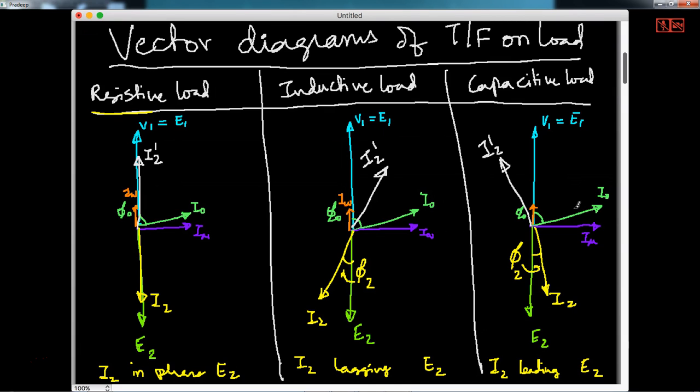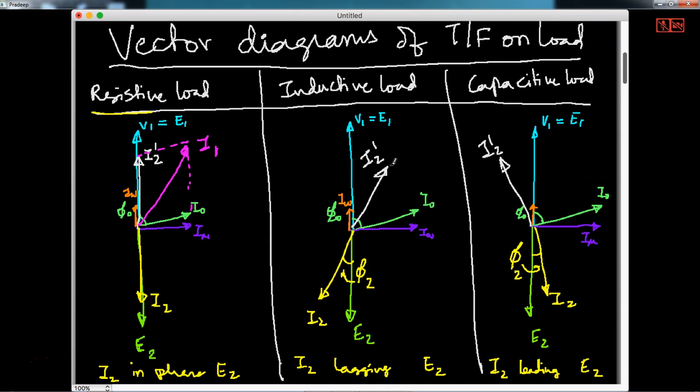Now, what is I1? I1 is nothing but the vector addition of I2 dash and I0. If I take the vector addition of these two, I simply complete this parallelogram, and whatever is in between is finally I1.